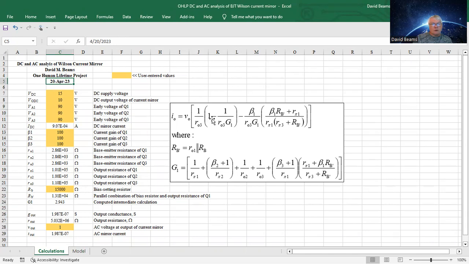And here are the formulas for the current. And here is the output conductance of the current mirror. Anyway, so that wraps up the 4 Excel worksheets that are part of this presentation.